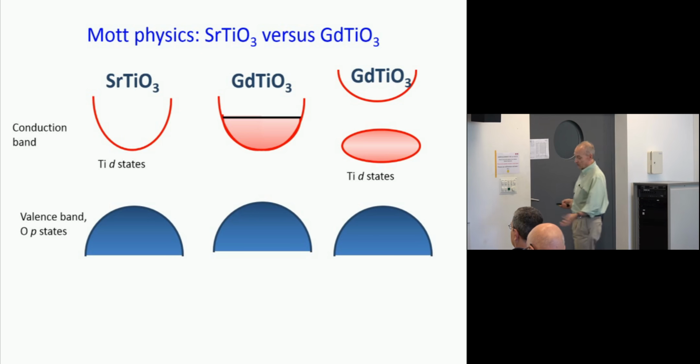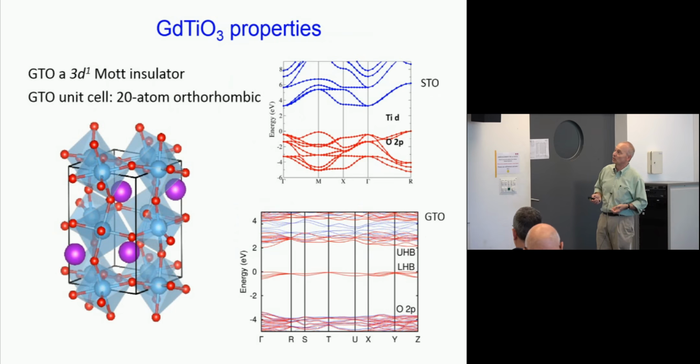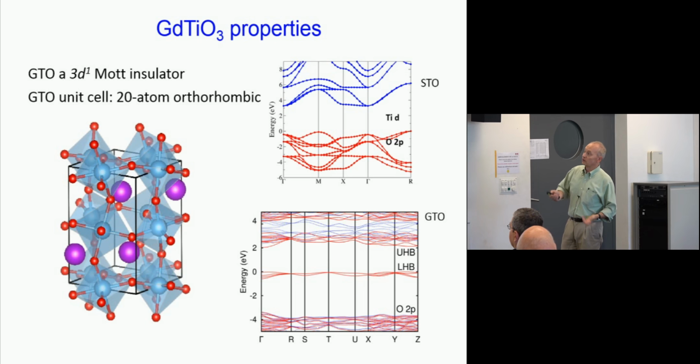And this material has been known and studied for decades, so we thought when we started doing calculations that we could just look at the experimental literature and that we would find everything there is to know about this material. That turned out not to be true. So here are the sort of calculations that we do.